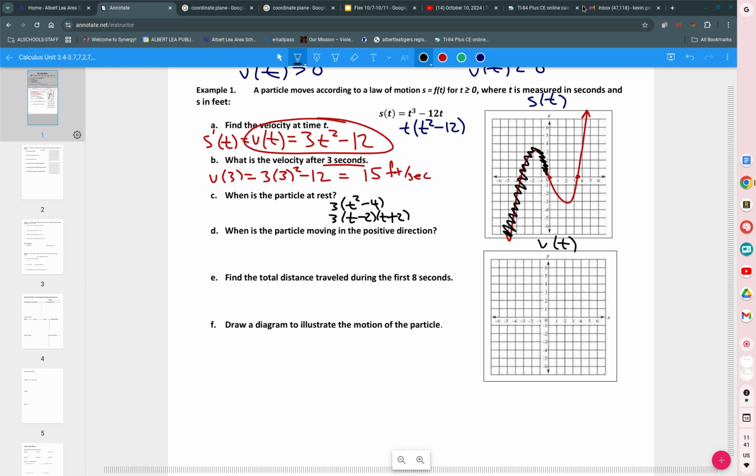So does everybody agree this parabola travels through negative 2 and positive 2 on the x-axis? And we're going to go ahead and get rid of the left side of that because time is positive.